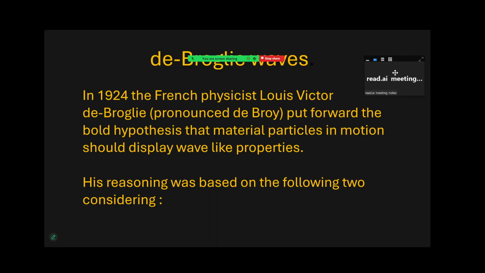The French physicist Louis Victor de Broglie put forward the bold hypothesis that material particles in motion should display wave-like properties. His reasoning was based on the following two considerations.